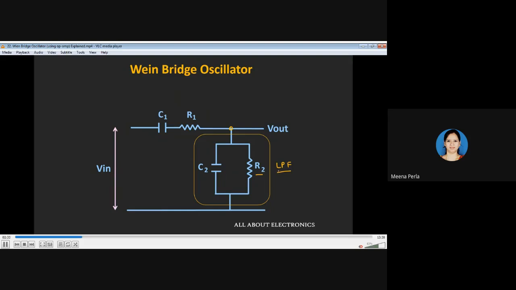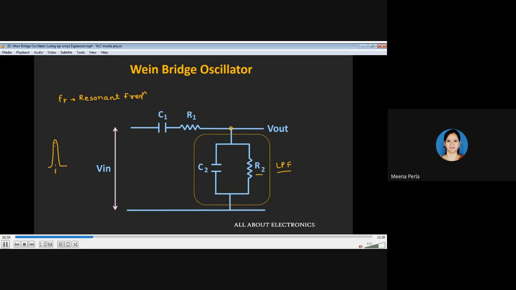So this RC network does not allow low frequencies as well as high frequencies. But at one particular frequency, the output of the circuit will be maximum, and that frequency is known as the resonant frequency. In this way, this RC feedback network will act as a notch filter. If we see the response of this RC feedback network, it will look like this.